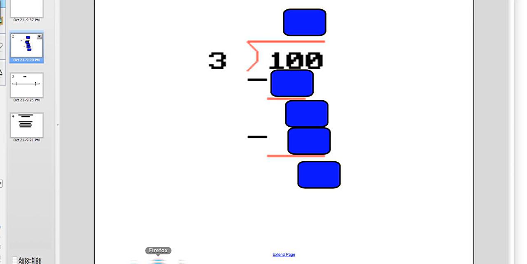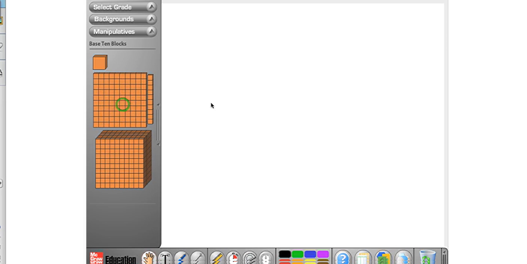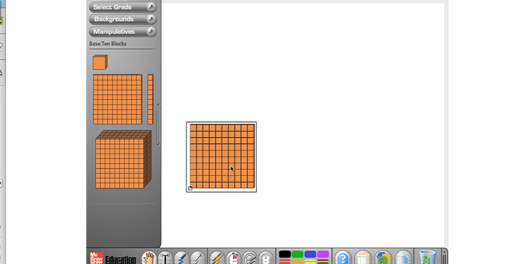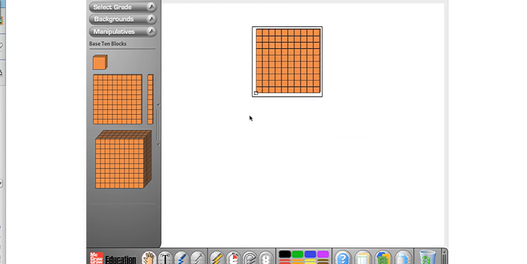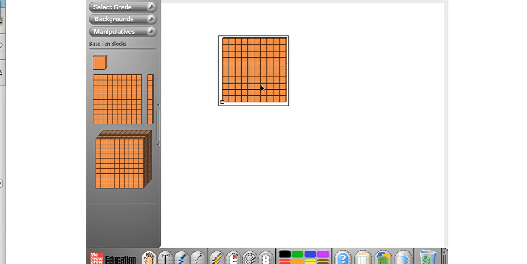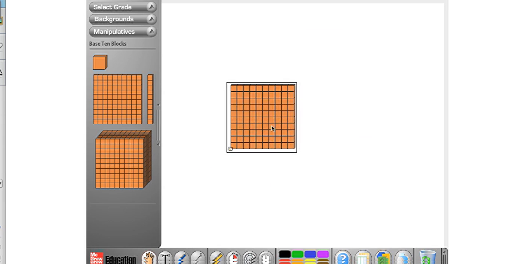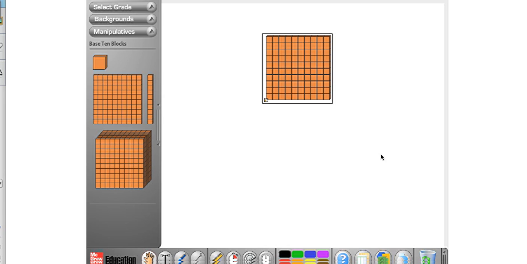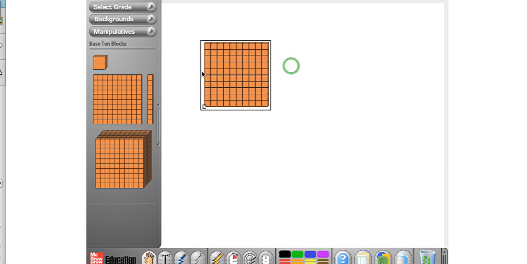So we started with a 100 block, right? So I start with the 100 block. And then I said to myself, okay, I need to split it into 3. So how do I do this? Because I only have a 100 block, so how am I going to split it into 3?